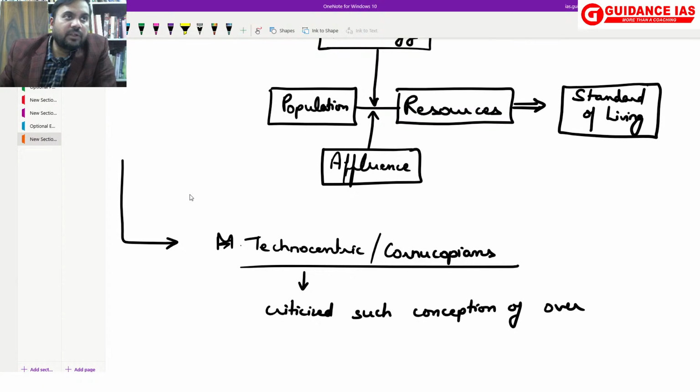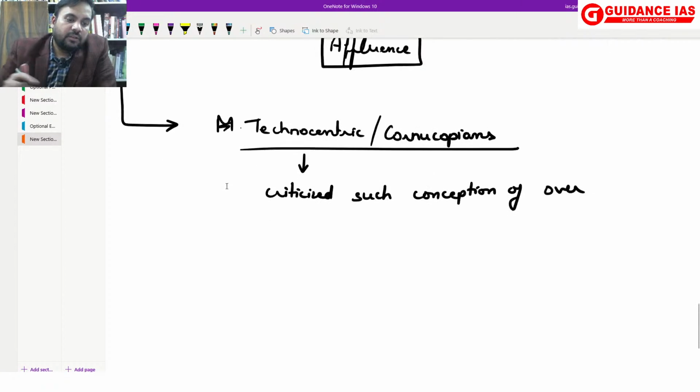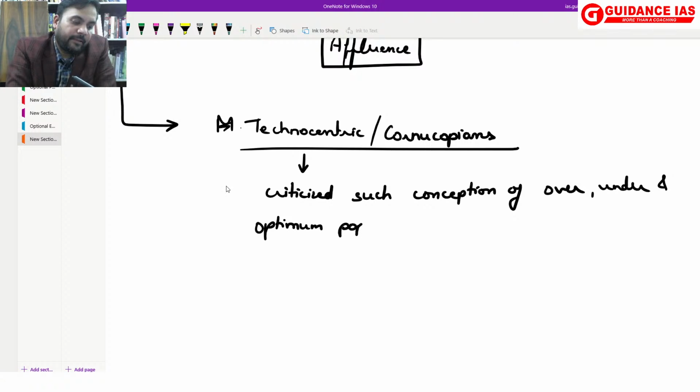Always use the keywords which are used in the question. So over, under, and optimum population as incomplete.